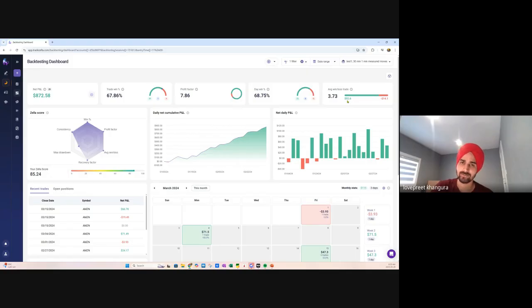It was around $50, and now it's still around $50. So my average risk to reward has increased, as well as my trading win percentage. These are the kind of takeaways you need to actually improve your trading.